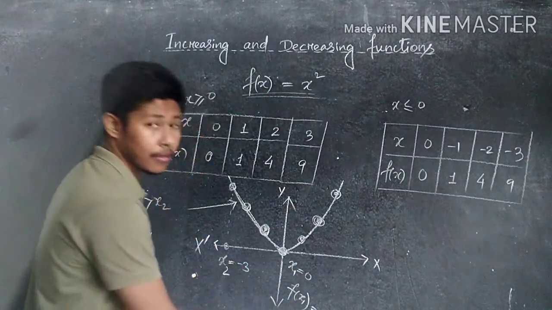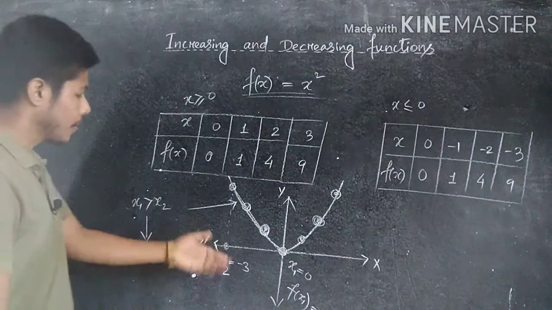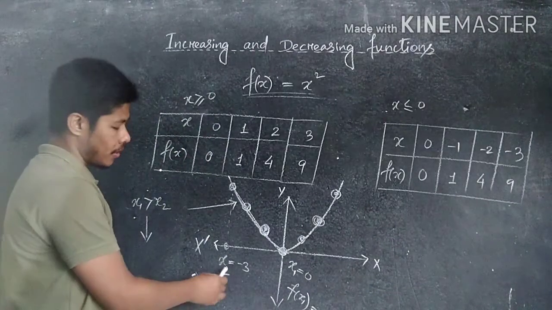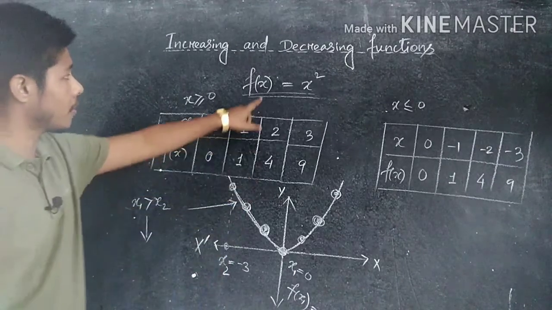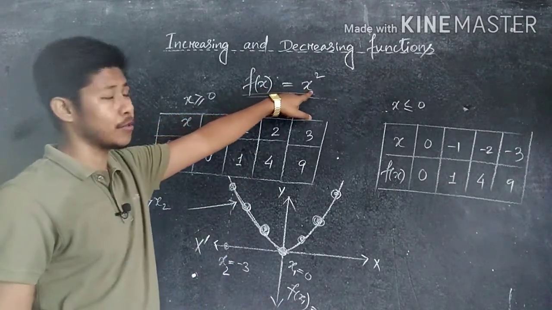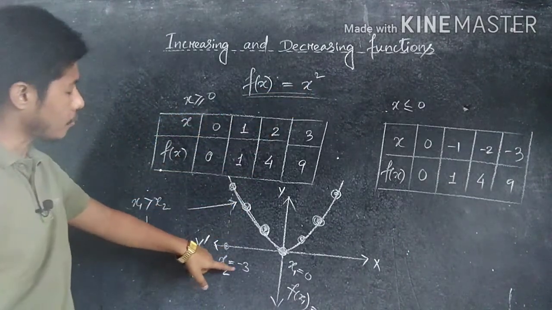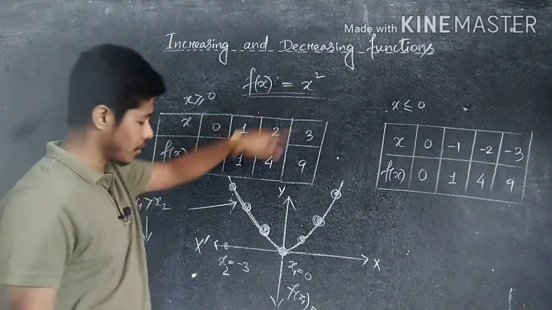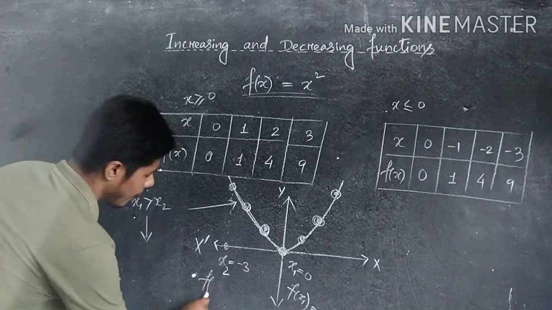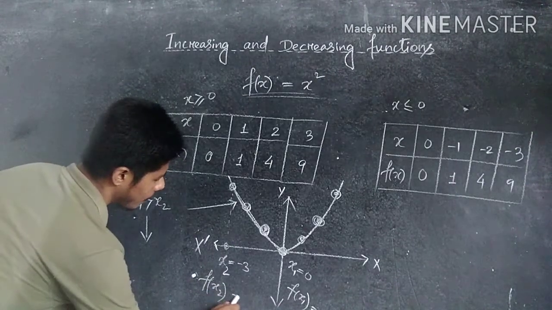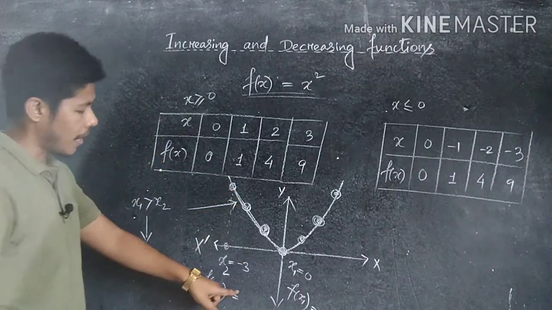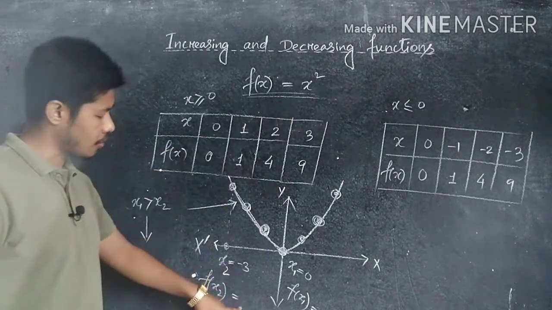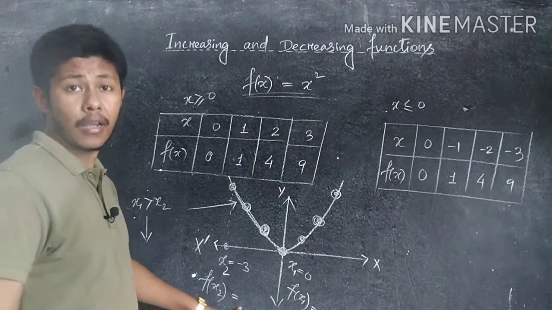We write here 0, is not it? Similarly if x2 value, you see here x2 value is what? -3, so if it is f of x2 then it is x2 square. So if you put x2 equal to -3, so here we have to write -3 whole square, is not it?